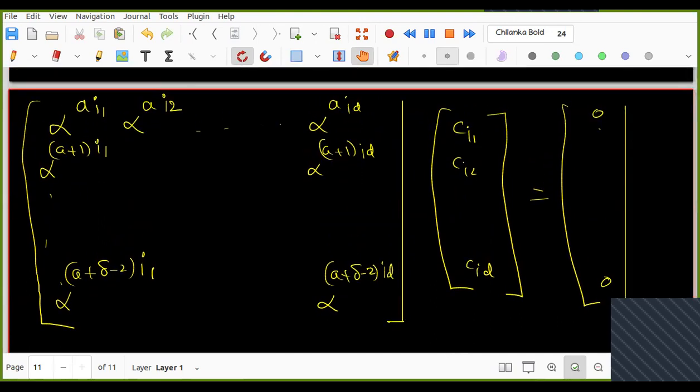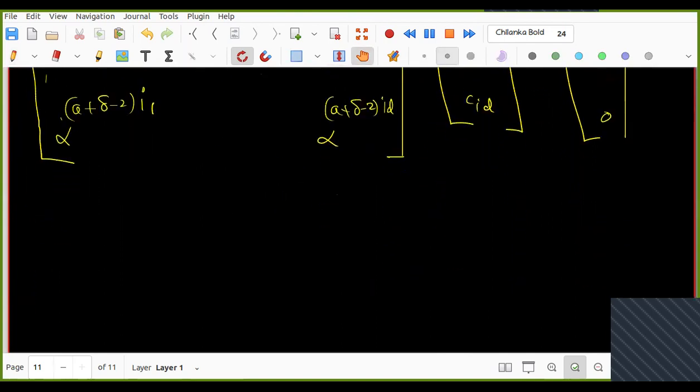So when does the vector C_{i1}, C_{i2}, ..., C_{id} become the zero vector? To prove that, what do I have to show? This matrix is invertible, that means the determinant is not equal to 0. That is what we did in the previous class, the Vandermonde matrix.